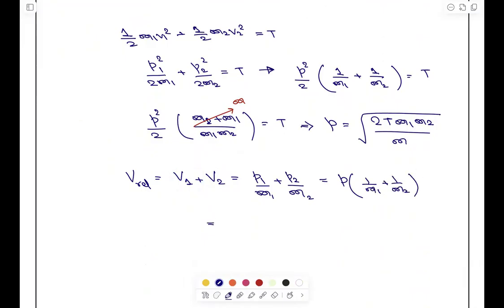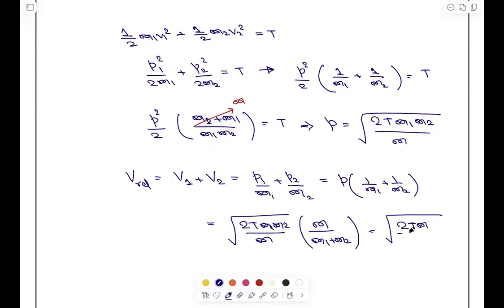Putting in p, it will be the square root of 2T m1 m2 upon m, times m1 plus m2 upon m1 m2. Multiplying, it becomes the square root of 2T by m, times m upon m1 plus m2.